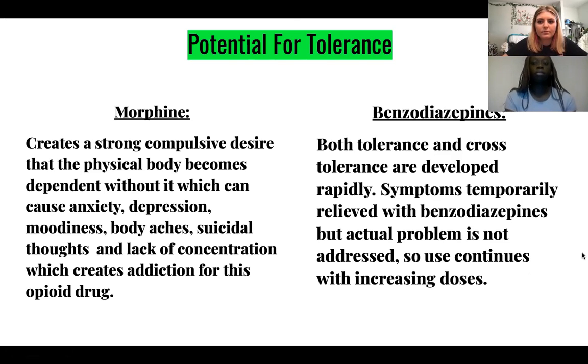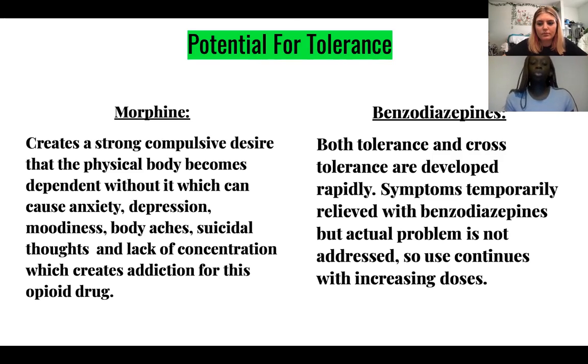So for the potential for tolerance, as you can see, it is not as severe as people would think because it's morphine.